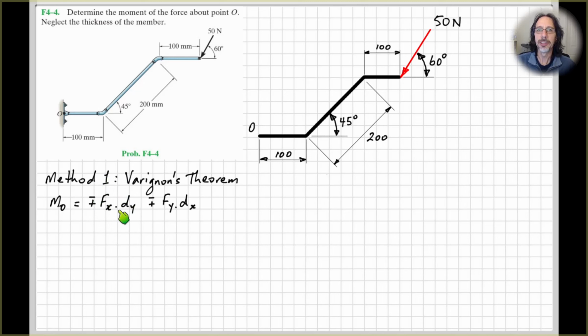And you can adapt this formula to other coordinate systems and other directions of components, if you like. So we have the force in the x or horizontal direction times the perpendicular distance, which will be in the y direction if the force is in the x direction.